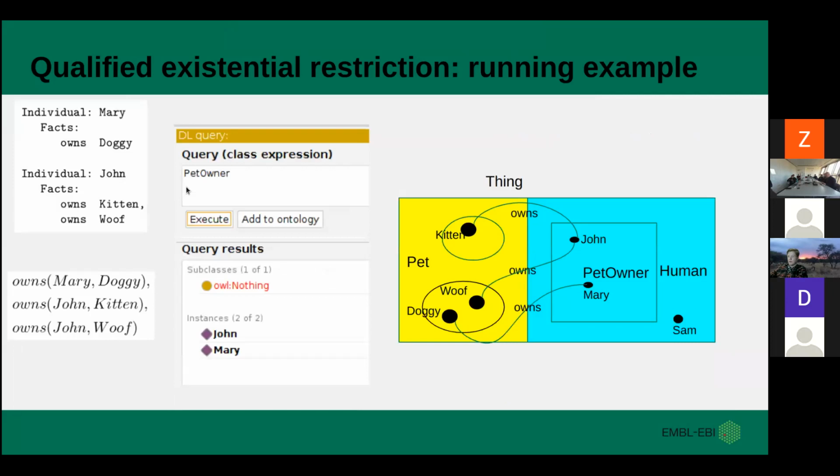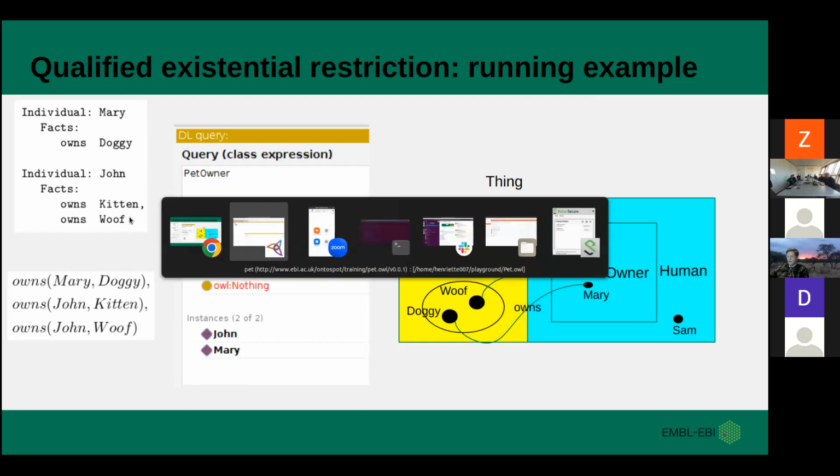And what we'll do now is define some ownership for our individuals. We're going to say that Mary owns Doggy, and John owns Kitten and Wolf. So I'll do that as well.